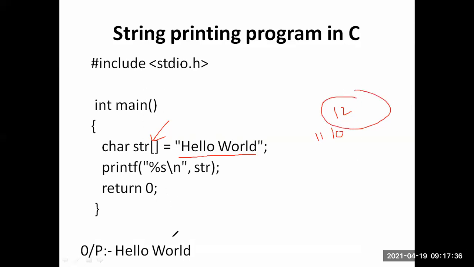Then it directly prints hello world. So you can represent it if you are providing a size, and if you are not providing any size, it will by default take the size of the word plus 1. If the size of the word is 10, it allocates 10 plus 1, 11 memory, because 1 is for the null character.